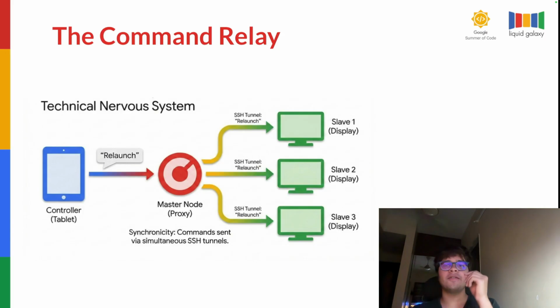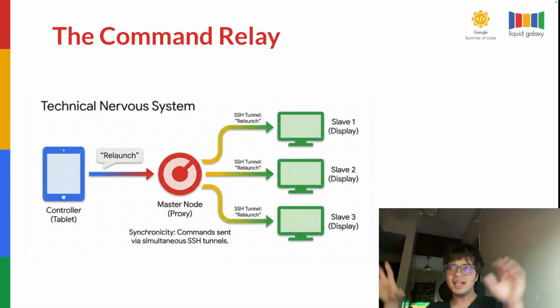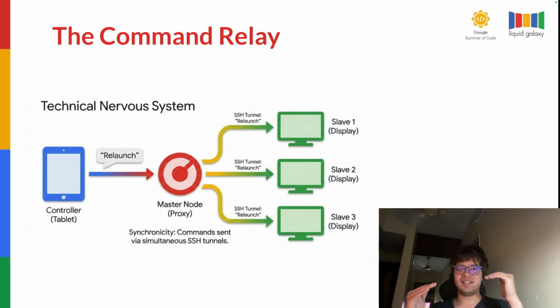Each slave node receives the command through port 22, because that's the door, and then executes it locally, ensuring that the complete Galaxy system gets updated in harmony and in sync.